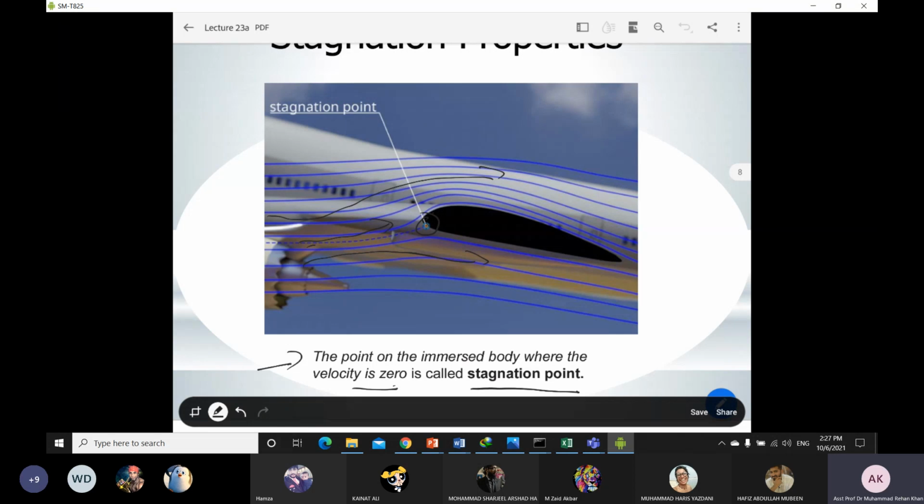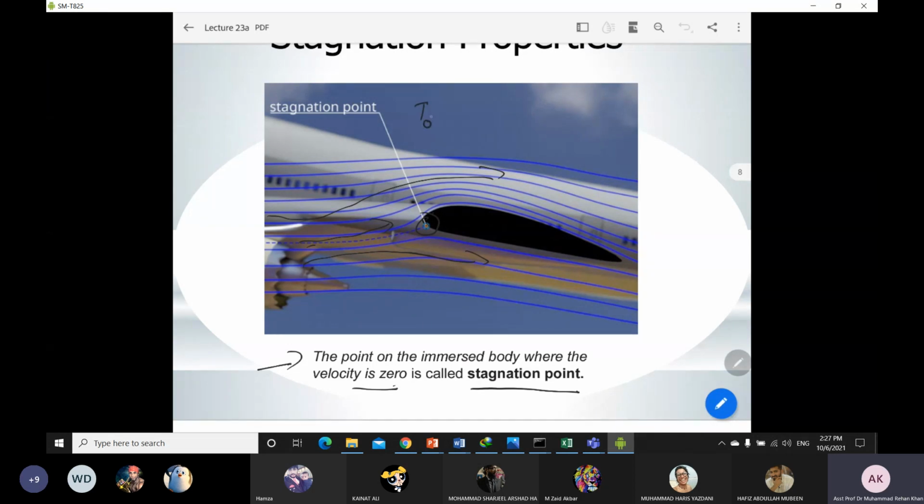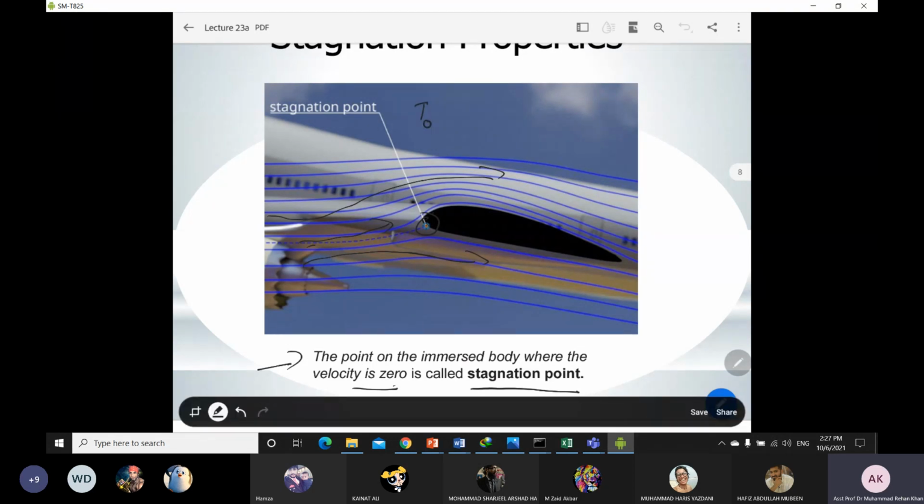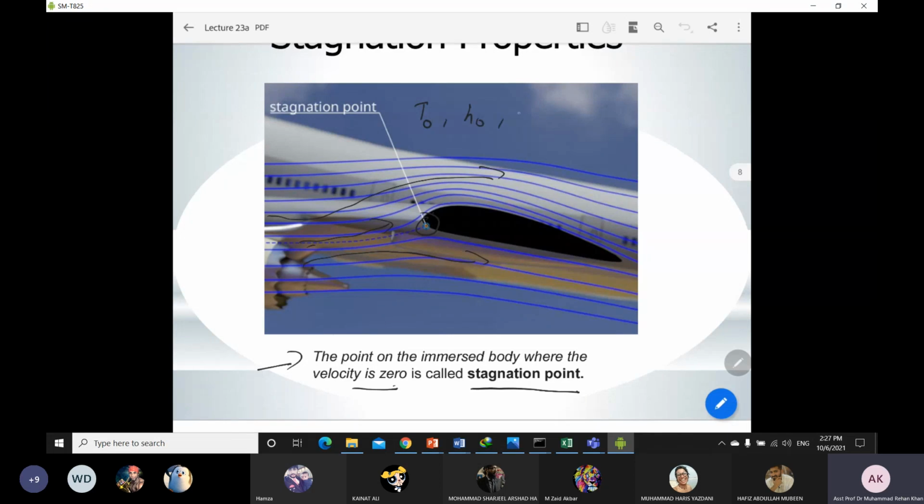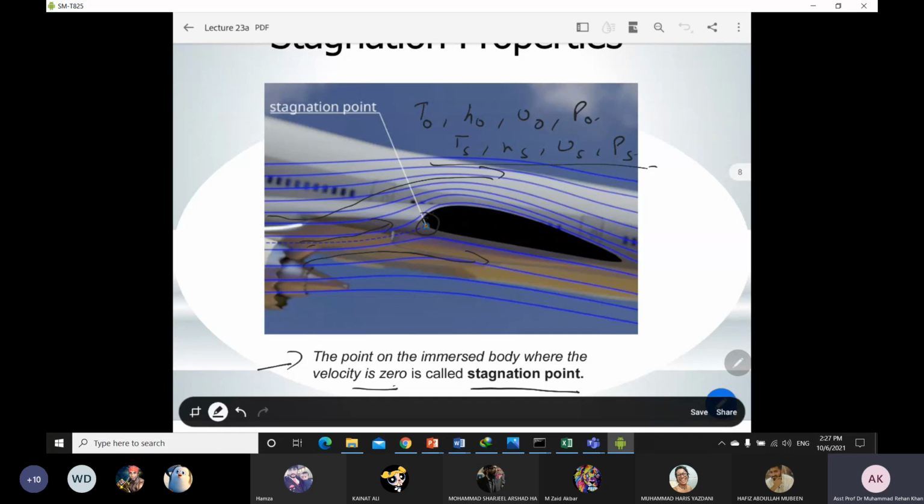Sometimes we denote these as T naught, H naught, U naught, P naught for the stagnation point, and in some books we have Ts, Hs, Us, or Ps. Do not confuse these terms. If it is mentioned in the problem statement that the point where you have to do the thermodynamic analysis is the stagnation point, it means the velocity is zero at that point.